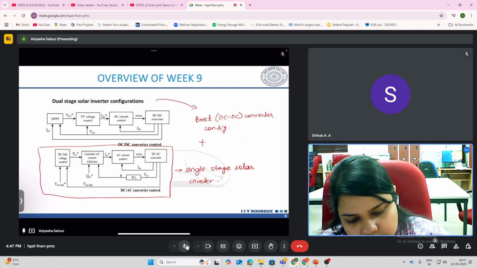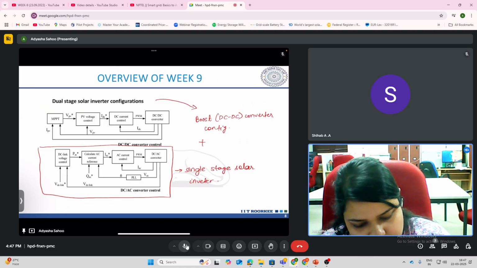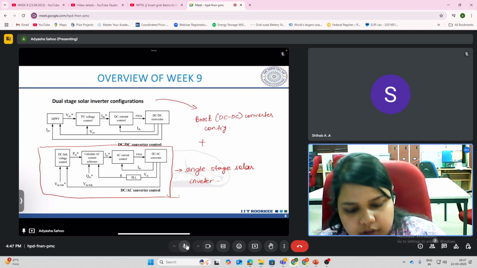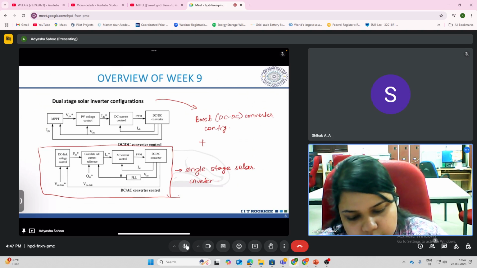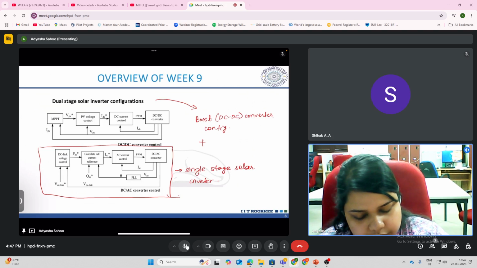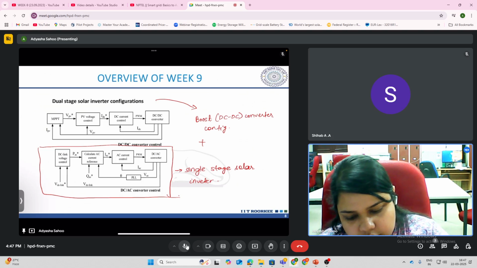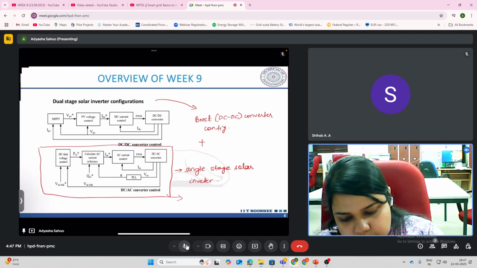So this is the DC-AC converter flow diagram, and for the DC-DC converter control, or the boost converter control, similarly you are tracking the VPV and IPV and giving them to the MPPT.